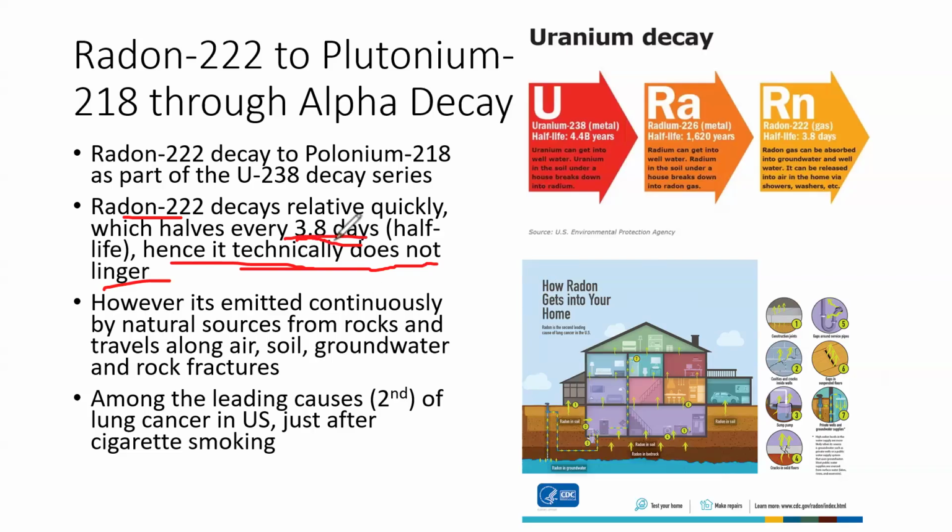It decays really quickly. However, the problem with radon is that if you have a source of it, it's emitted continuously. Gas can travel through air, and also through soil, groundwater, and rock fractures.